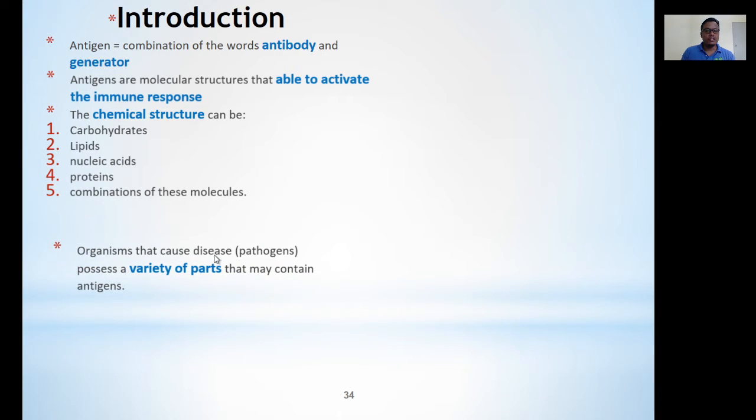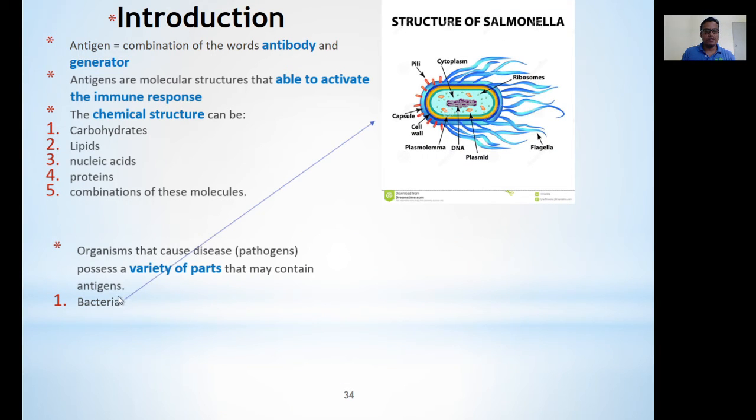Organisms that cause a disease, the pathogens, possess a variety of parts that may contain antigen, such as can be observed in the Salmonella bacteria. They have the pili, cytoplasm, ribosomes, flagella, plasmid, DNA, cell wall, the capsules, and many others.